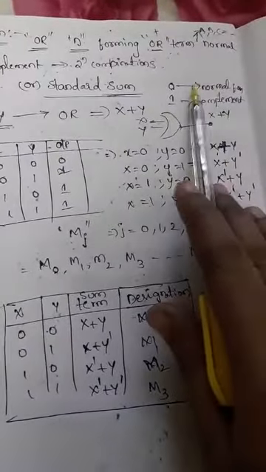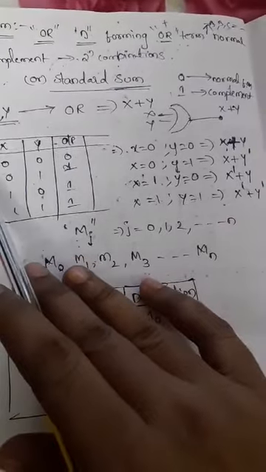The small difference is that here we use OR logic and in min term we use AND logic, that is, product versus sum. That is the first difference. The second difference is that here 0 is represented as normal and 1 as complement, while in min term 0 is complement and 1 is normal.